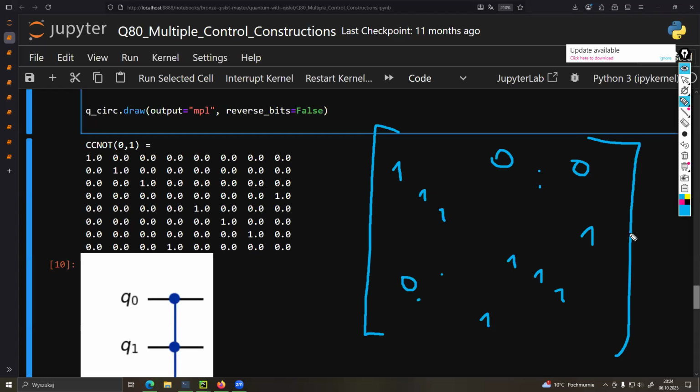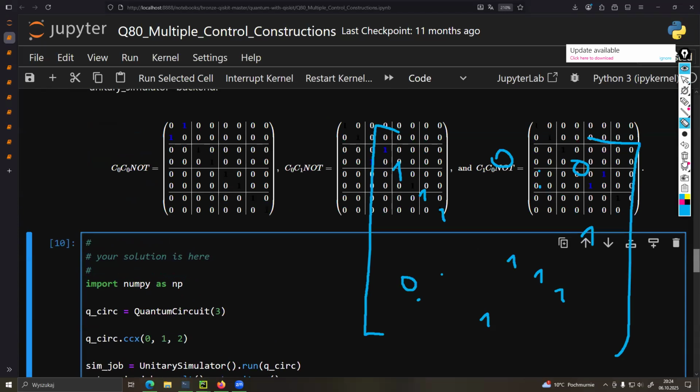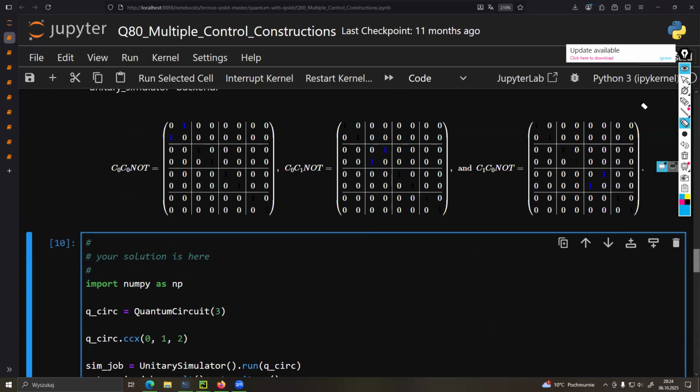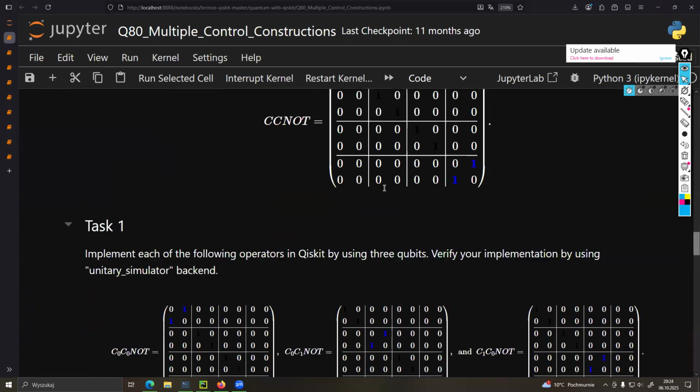But this doesn't look like the shape that we had here, right? So a simple operation like this really doesn't affect the circuit in the way that this task is saying it should.